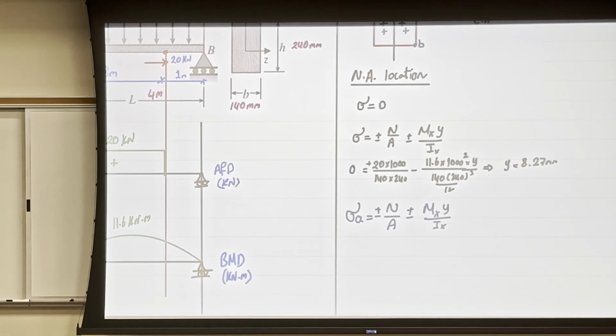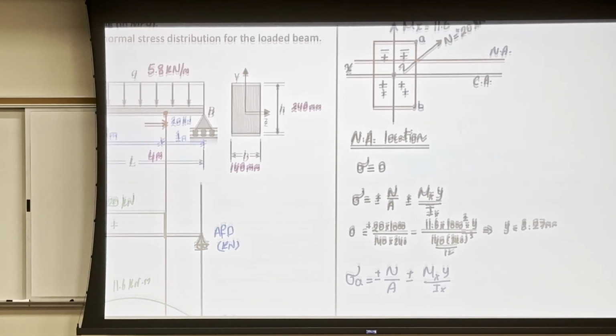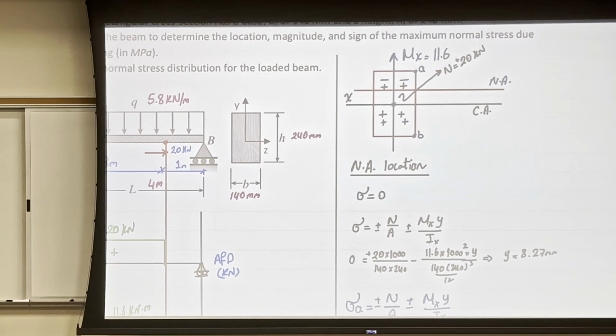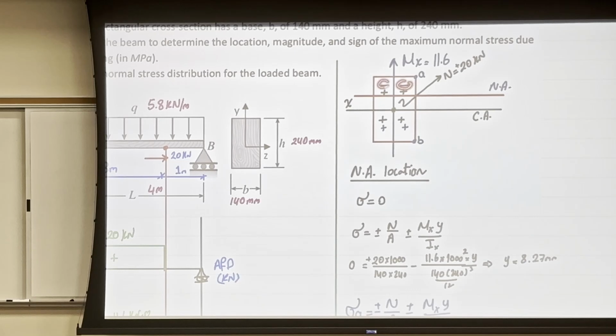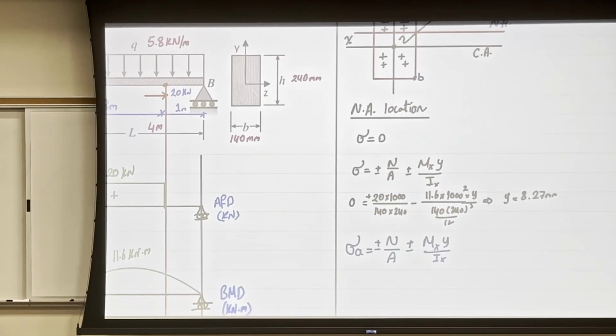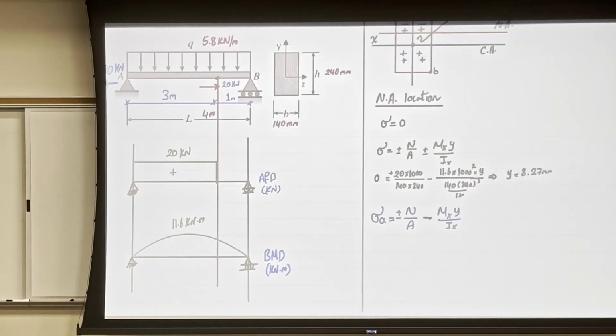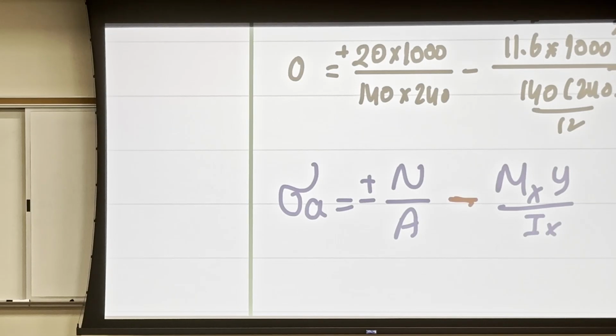So let's figure out the signs. Point A falls in a region where the moment term is negative, that's why here it is going to be negative. And for the N over A, it's going to be positive.